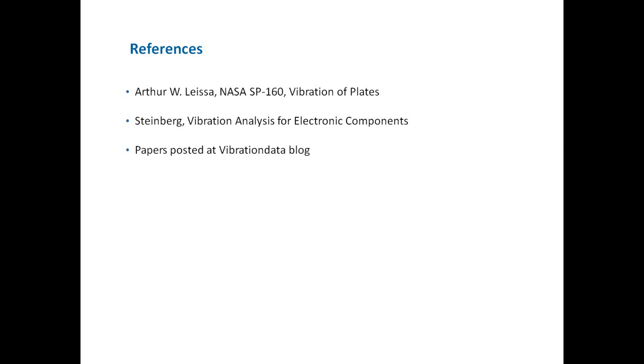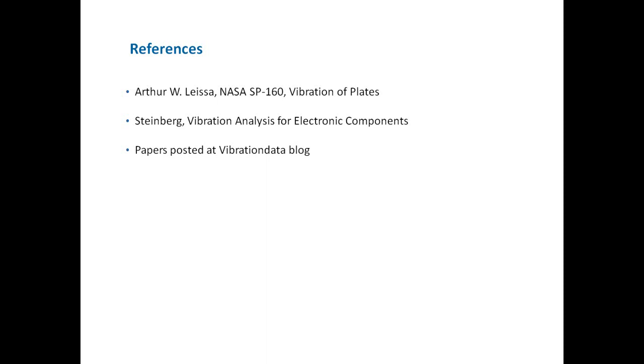A couple of references here. The one that you should really start with is Arthur W. Leissa, NASA SP-160, Vibration of Plates. Leissa goes through rectangular geometry as well as circular plates, annular plates, elliptical plates, all the different permutations of boundary conditions. And he gives the equations for the natural frequencies and the mode shapes.